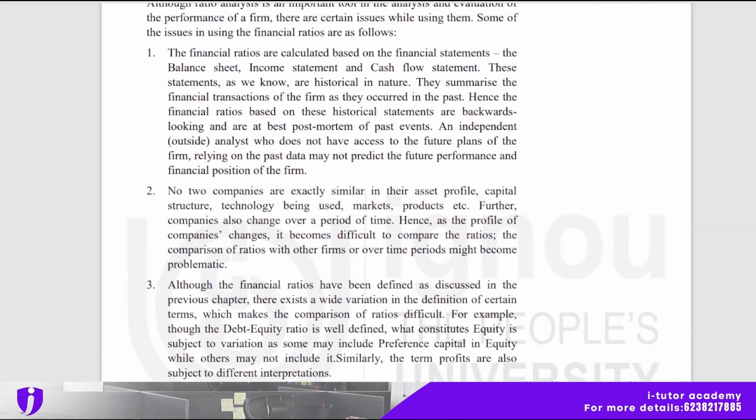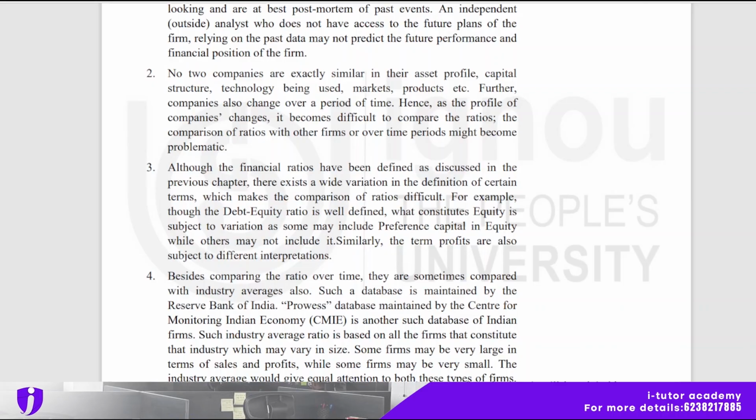The financial ratios are calculated based on the financial statements, the balance sheet, income statement and cash flow statement, and no two companies are exactly similar in their asset profile, that is capital structure, technology being used, market, products, etc. Further, companies also change over a period of time. Hence, as the profile of companies changes, it becomes difficult to compare the ratios. The comparison of ratios with other firms or over time periods might become problematic.